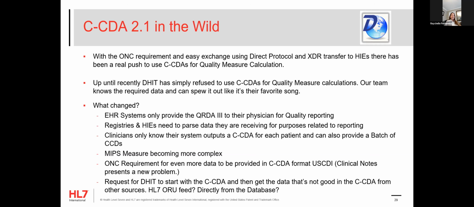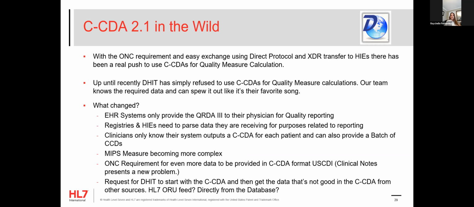There's more data coming to us, but it's just more of the same, is what we're finding. So DHIT is going to request that there's some consideration there that we're not just dumping more data into these CCDAs. So with that, we've learned that you can't just use the CCDA, as Wendy and John and Nance have mentioned. You need to get the data other ways.